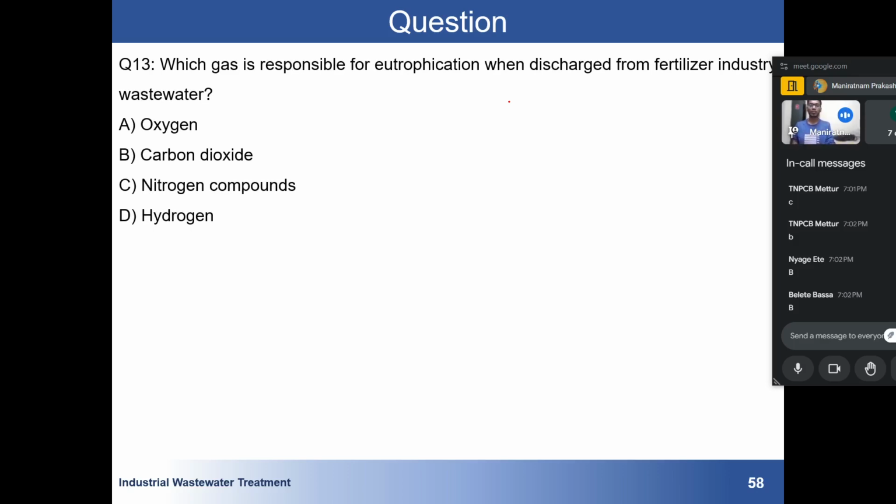Which gas is responsible for eutrophication when discharged from fertilizer industry wastewater?